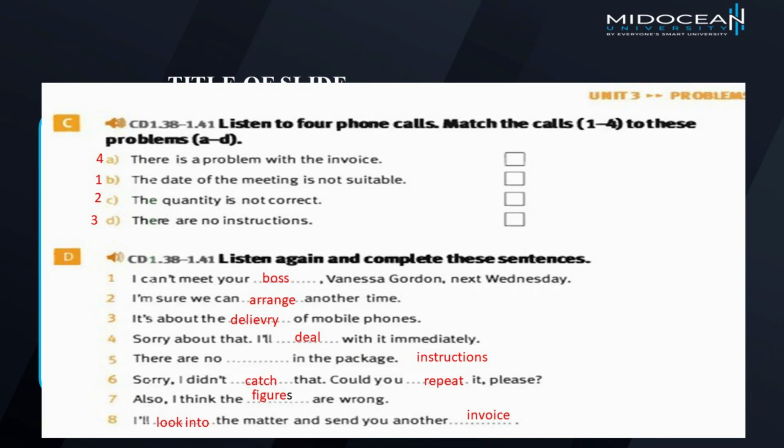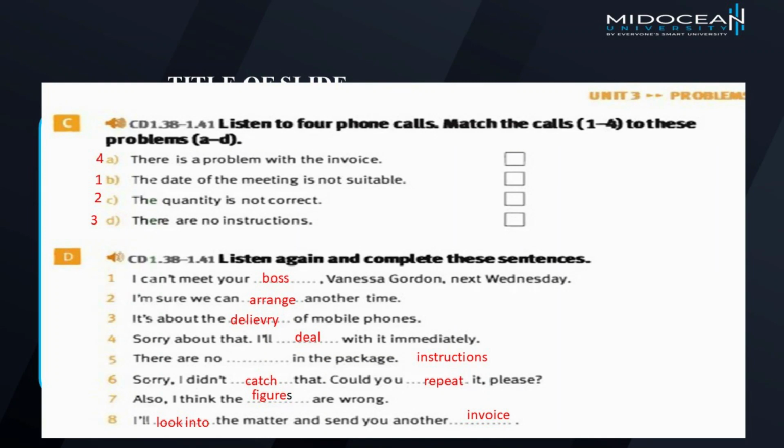Now let's check the answers. Number 1. I can't meet your boss, Vanessa Gordon, next Wednesday. 2. I'm sure we can arrange another time. 3. It's about the delivery of mobile phones. 4. Sorry about that.